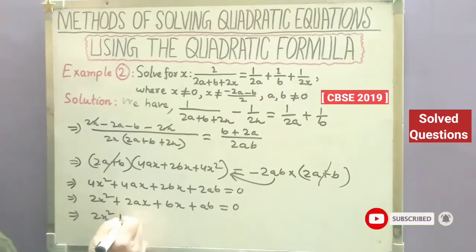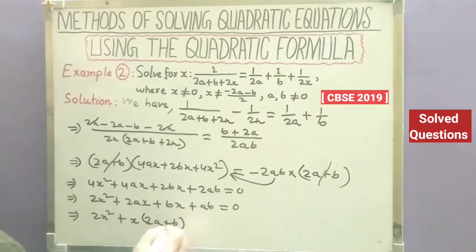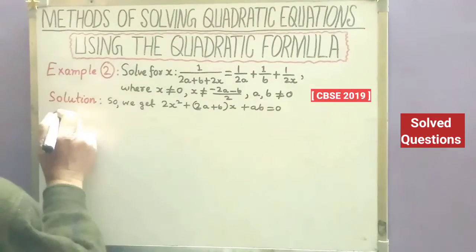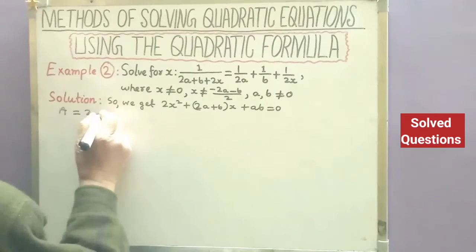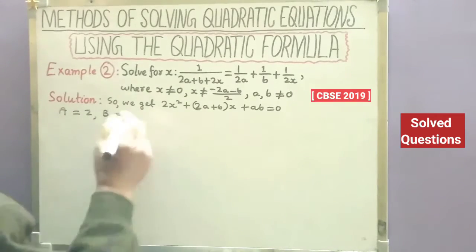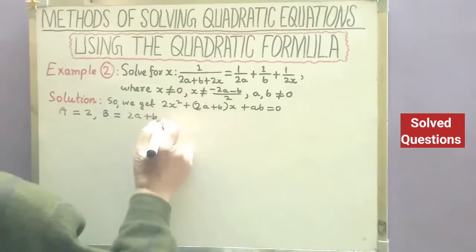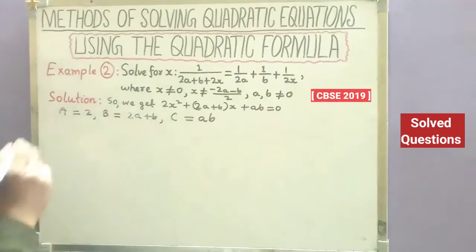Now, on simplifying, we get 2x square plus x into (2a plus b) plus ab equal to 0. Comparing it with the standard form of the equation, we get a equal to 2, b equal to 2a plus b, and c equal to ab.